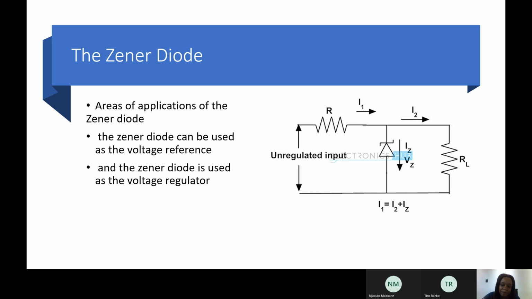In parallel, the voltages are the same. The current splits. So if we want to find IL, the current going through this part here, we have the value of the resistor and we have the voltage of the Zener, which is going to be the same voltage going through RL. Yes?